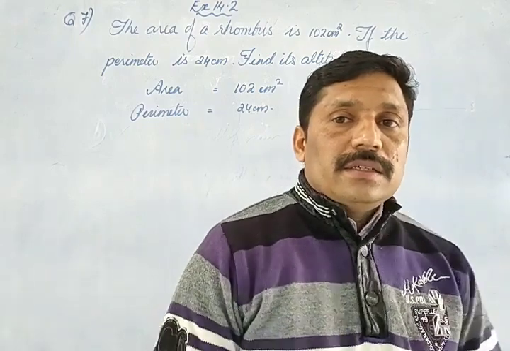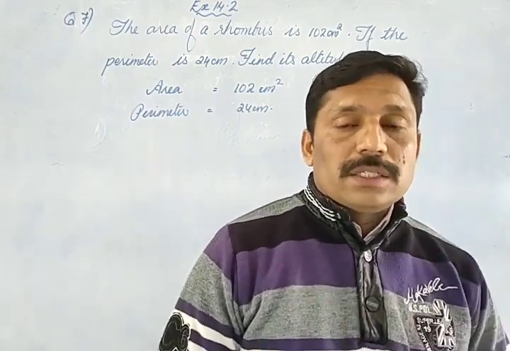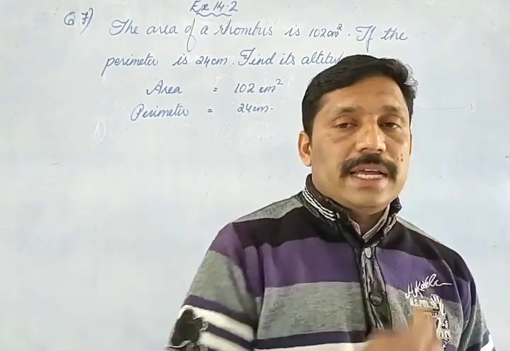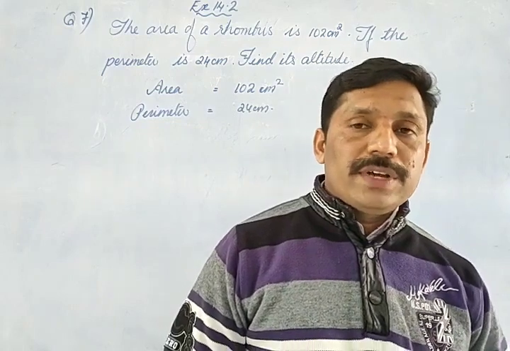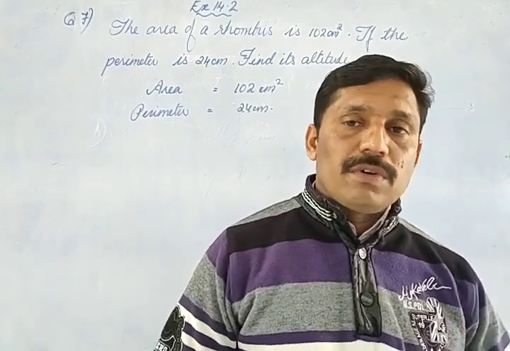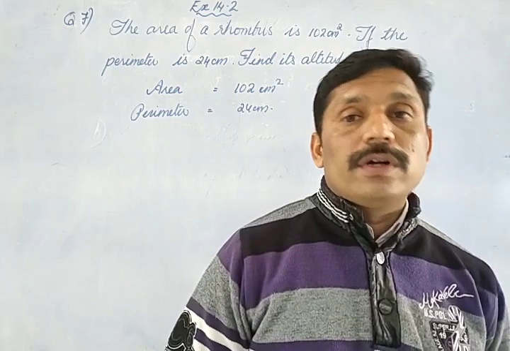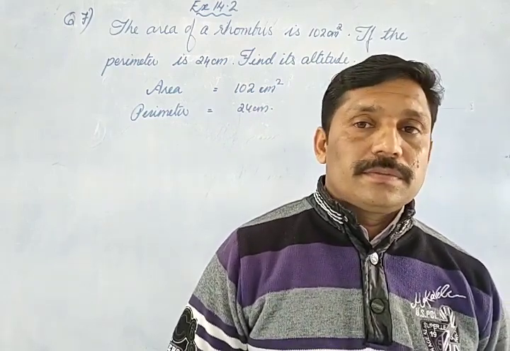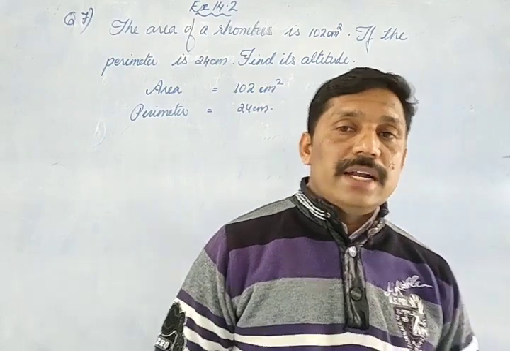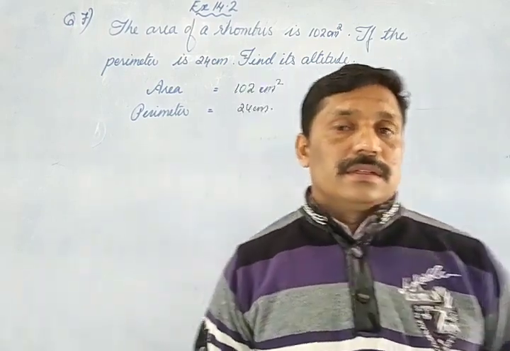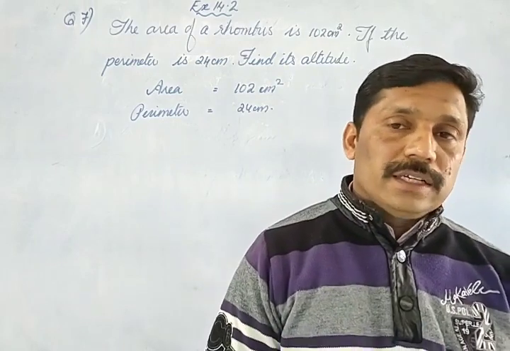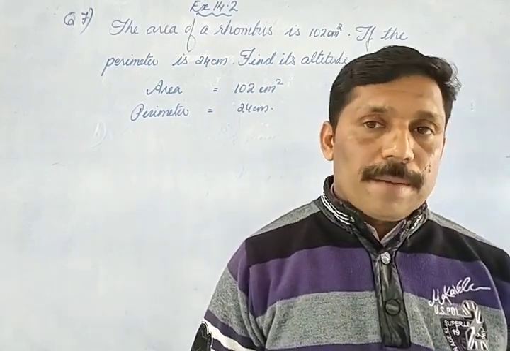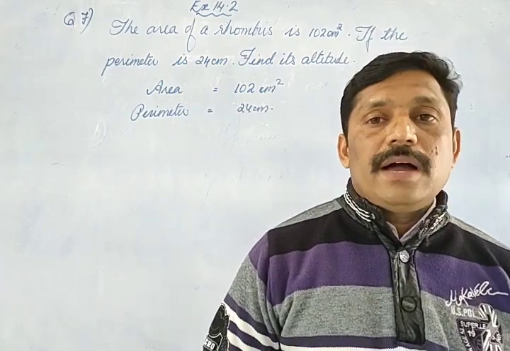In a rhombus, you know that all the sides are equal. So if the perimeter is given, we divide by 4, because 4 sides are there, and then we can find one side. And if we know the side, then we can find the height, because a rhombus is also a parallelogram. Parallelogram area is base into height.